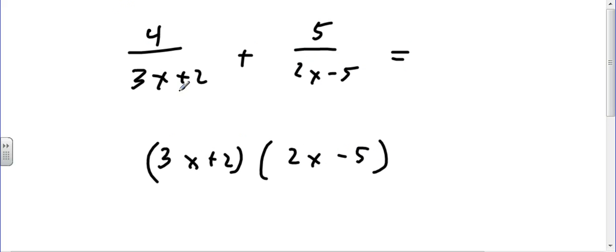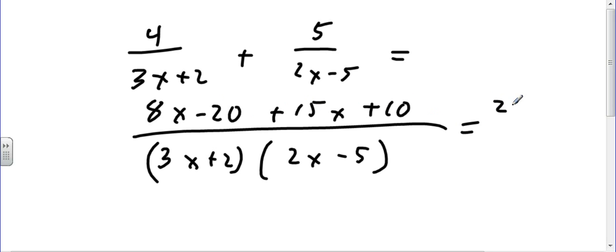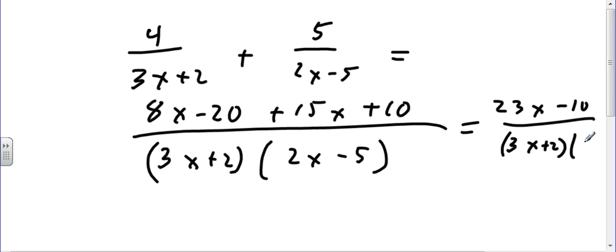And on the top we have 8x minus 20 plus 15x plus 10. And now I got a final answer of 23x minus 10 divided by 3x plus 2 times 2x minus 5.